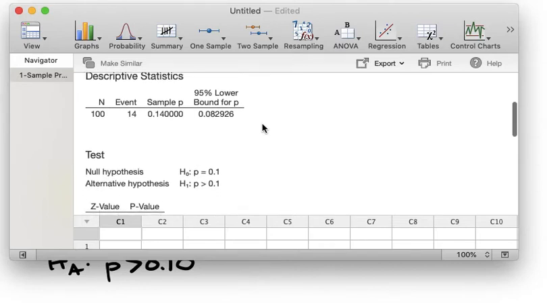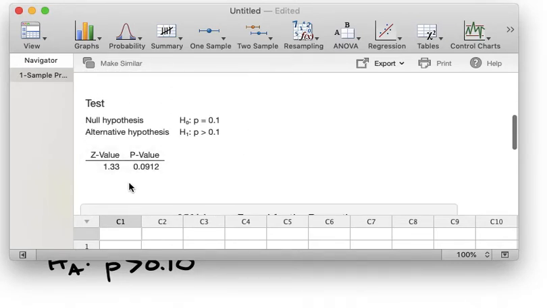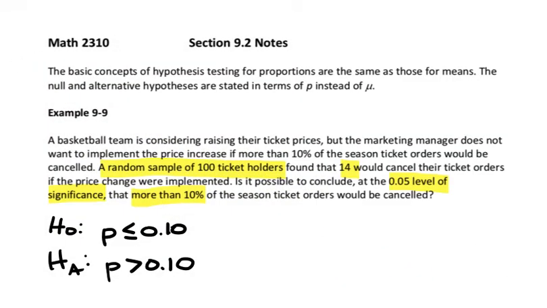And here's my results. So I got a z-value of 1.33 and a p-value of 0.09. So for the hypothesis test, what I'm looking at is the p-value, and I'm comparing that to my value for alpha. So p equals 0.0912, and the alpha that I was looking at was 0.05.